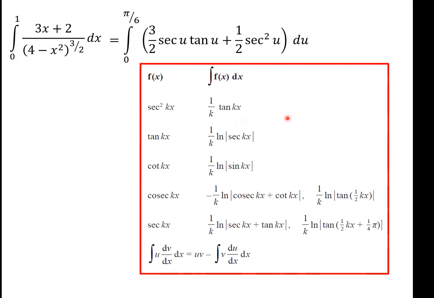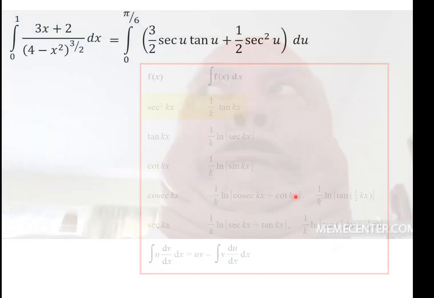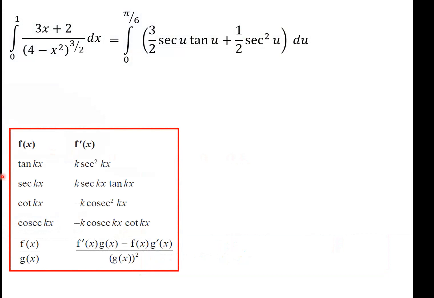So we check the formula book integration section, and the sec squared, well that's right here. We integrate sec squared and get tan, but sec times tan, well we look down here and there's no sign of it. Oh god, what are we going to do? Deep breaths. We look in the differentiation section because we want to differentiate something to get sec times tan, and if we look here, if you differentiate sec, we get sec times tan.